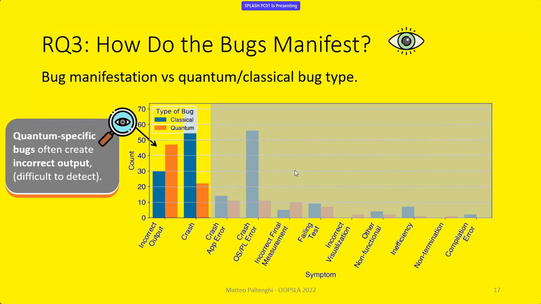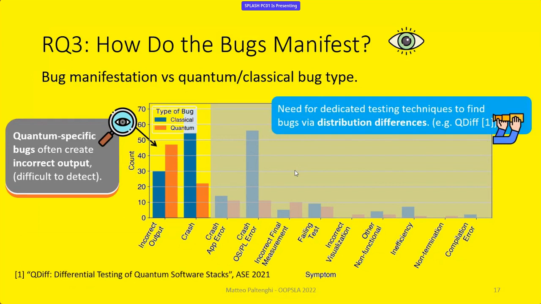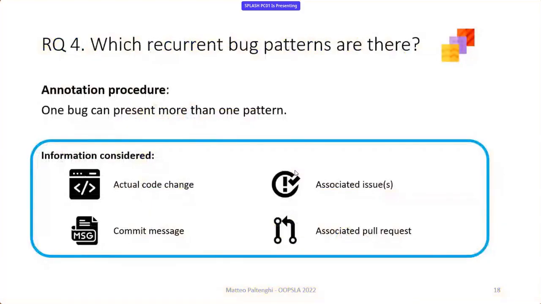Therefore, it makes sense that interpreting this output is more difficult, and it's inherently quantum rather than classical. And this calls for dedicated testing techniques in particular, that can focus on these distribution differences, like comparing what we get with what we expect to get. And there has been previous work, I just want to mention here, QDiff, which was published last year at ASE as a reference.